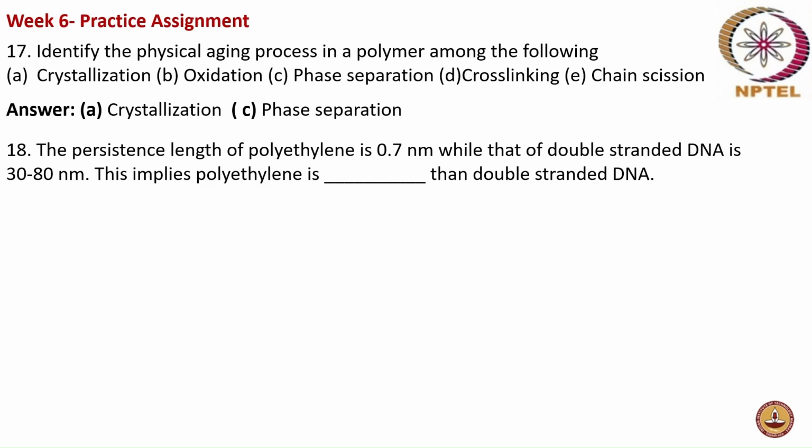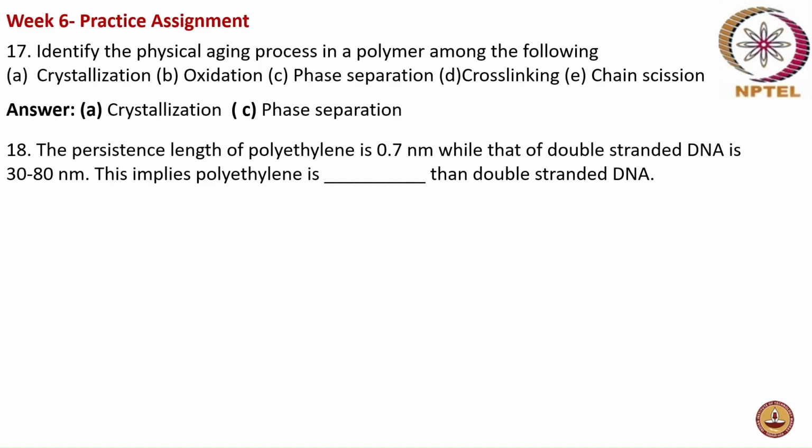Now tell me. Polyethylene is stiffer than double-stranded DNA. It's stiffer than double-stranded DNA. Because persistent length is small for polyethylene.